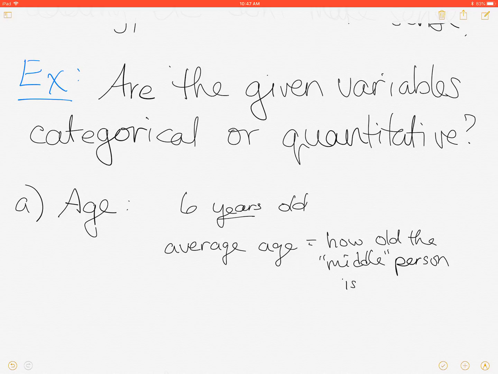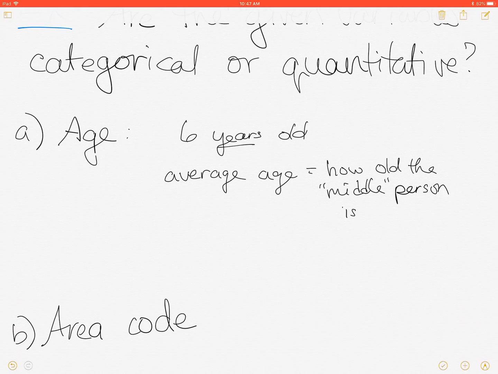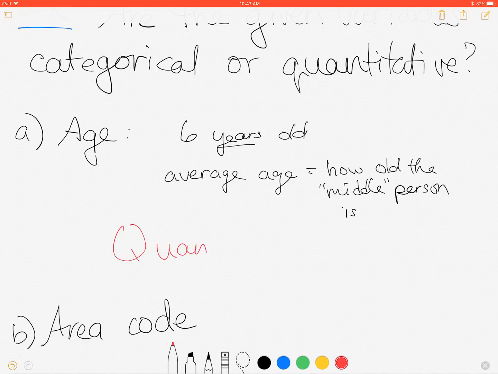So these things make sense. Adding ages. I'm 6. In 4 years, I'll be... Or I'm 12. How much older am I than my sister who's 7? There are reasons we might want to add and subtract ages. So this is quantitative.